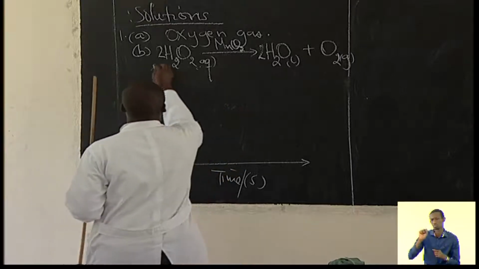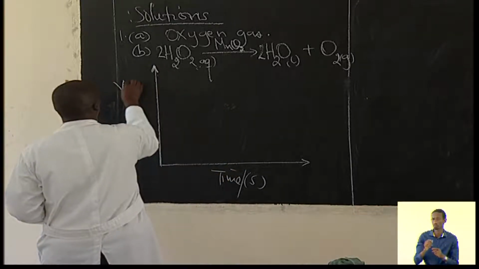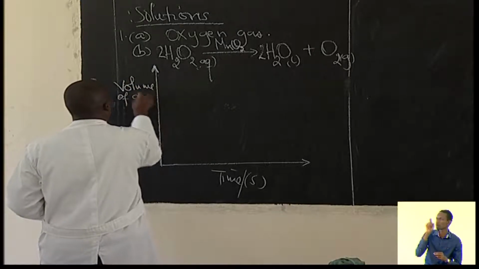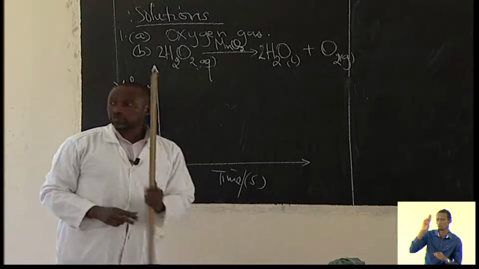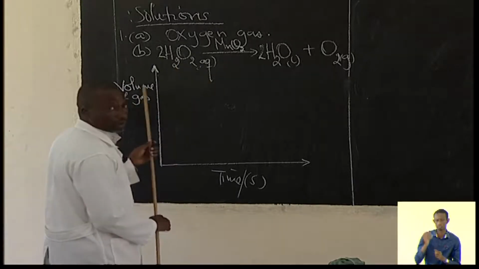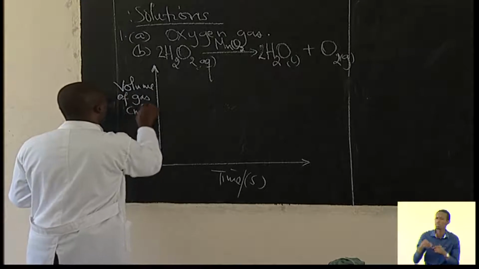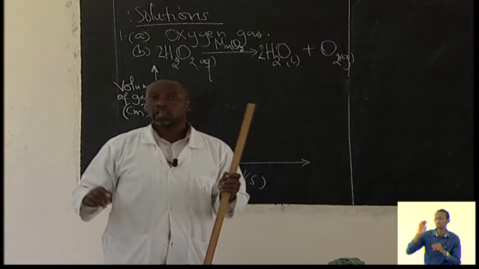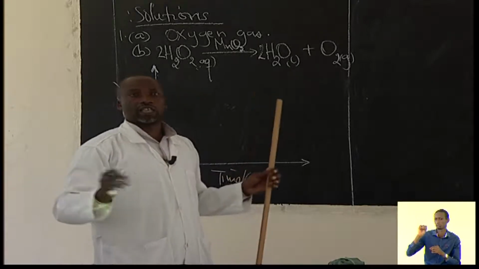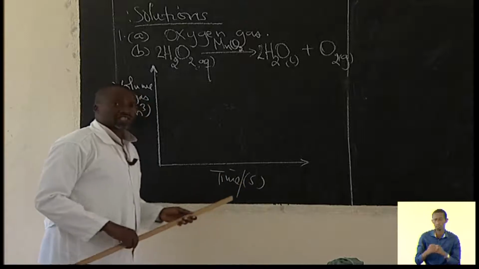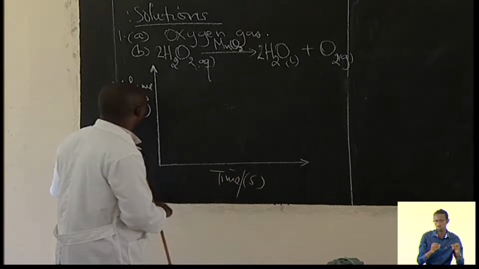So this is the y-axis, the volume of gas, measured in cubic centimeters. The labeling must include the units of any variable that you are dealing with. So the time can either be in seconds or minutes, and then the volume of the gas.